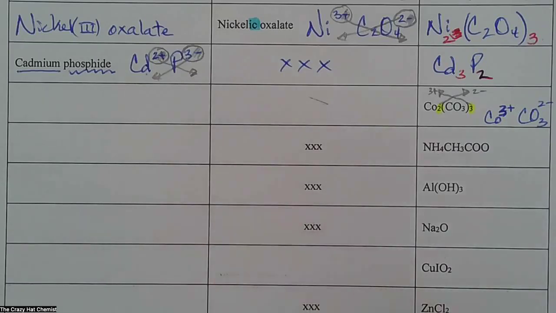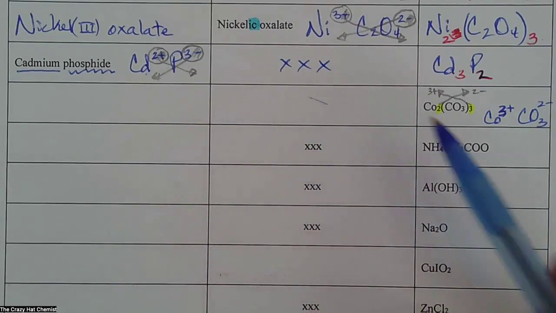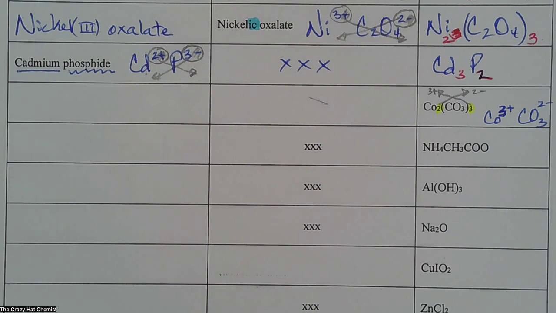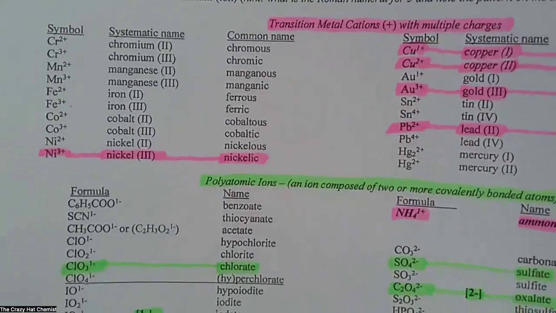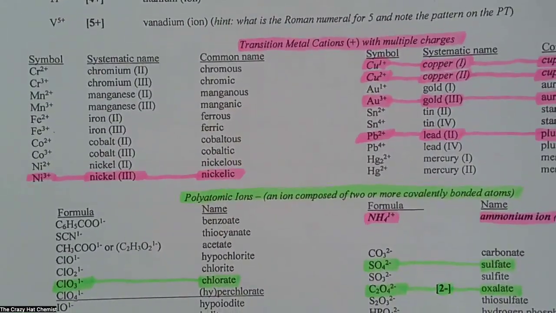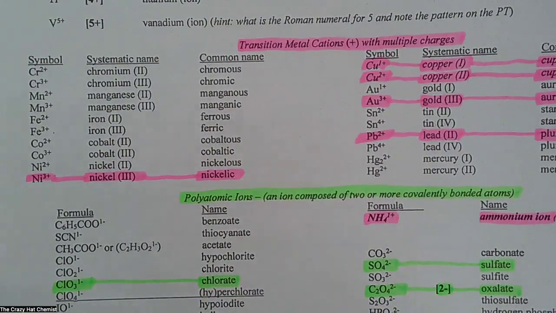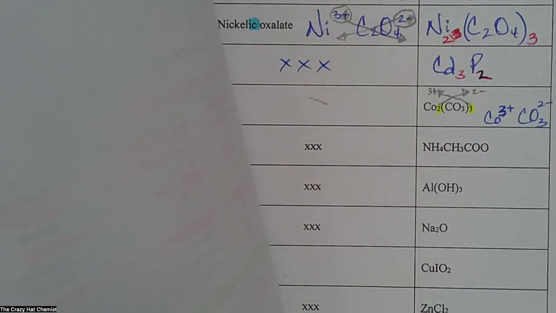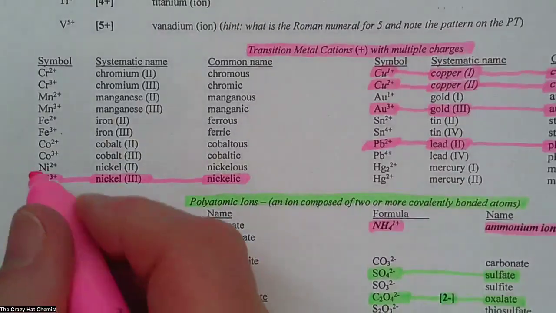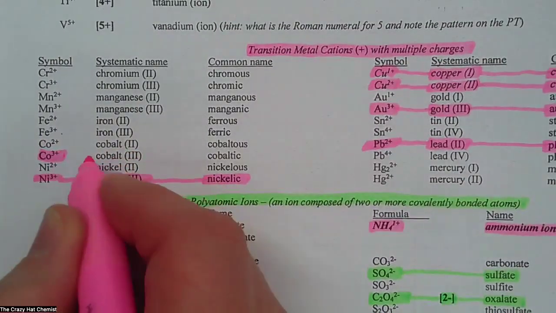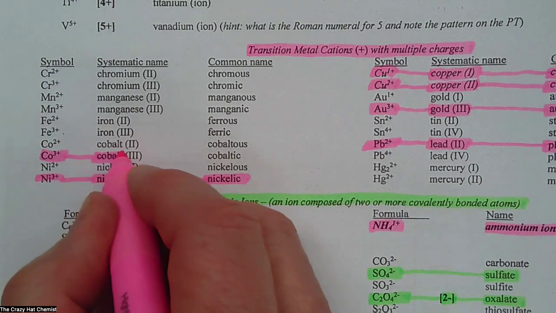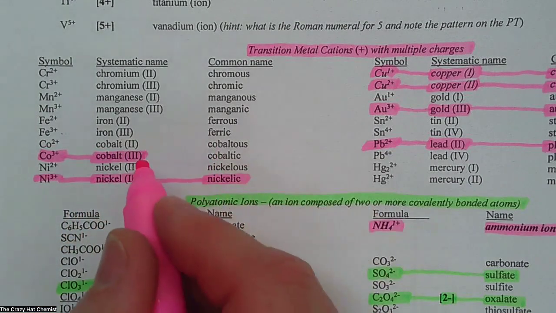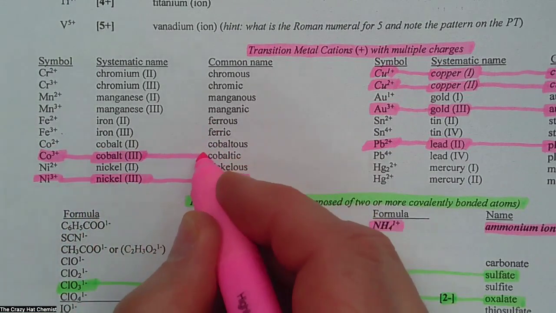Now, there is not an X'd out section, so that means that there's probably a common name for this, for Co. So we're going to find that, and that is one of these transition metal cations. It's a 3 plus for that Co. It's a Co that's a 3 plus, and that corresponds to cobalt Roman numeral 3, and it corresponds to cobaltic.